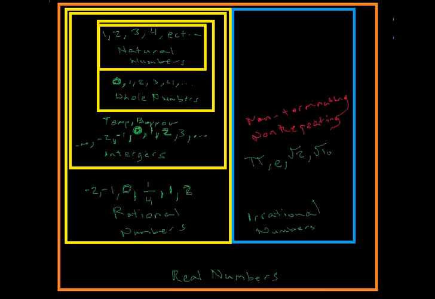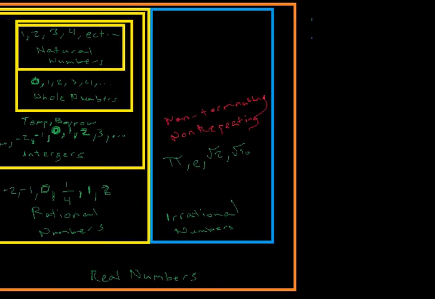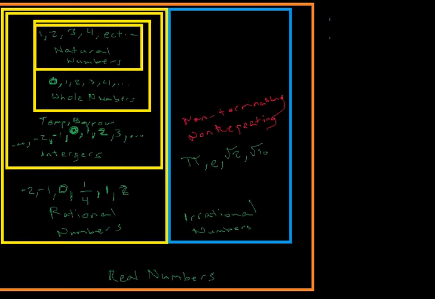So let's move the screen over some, and I'll leave this inside of our view. Let's take a look at a couple of different problems here, and let's classify. Let's look at the square root of 3.